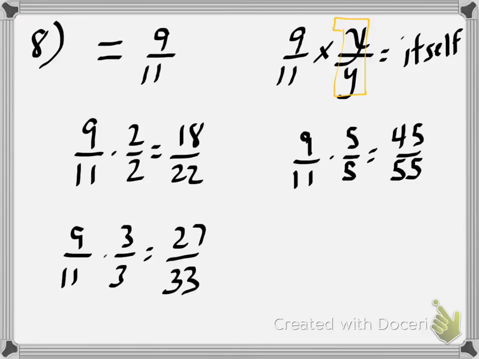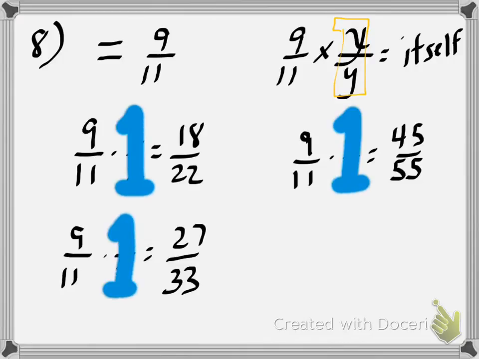So as long as we take this right here and we have a same numerator as a denominator, it's the same as multiplying that by 1. And anything times 1 is itself, so therefore it's equivalent. So of course they could have any number of answers for this problem.